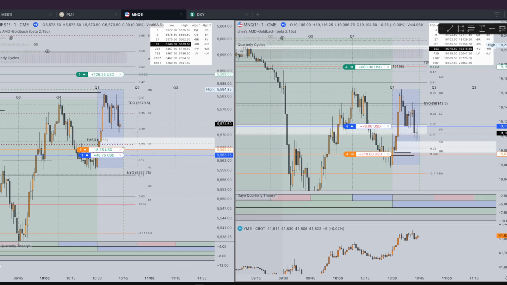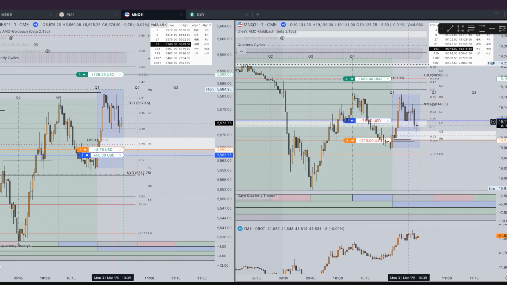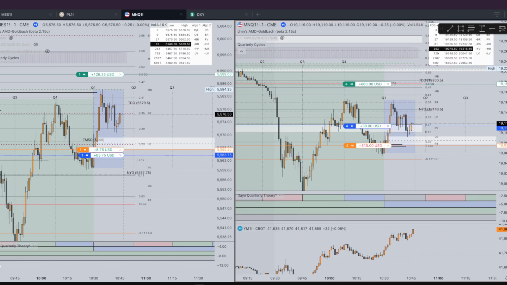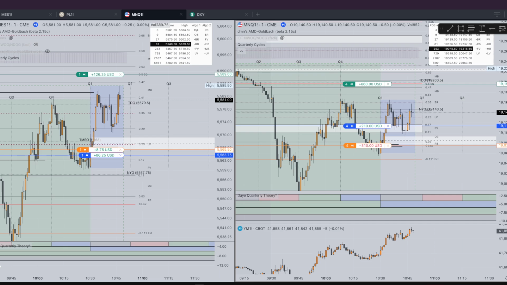Sorry, NQ. Okay, so now again it has basically come below that fair value gap, right? So this NQ, I don't think it's running the way it should, between dealing ranges. It's not doing that. Okay.